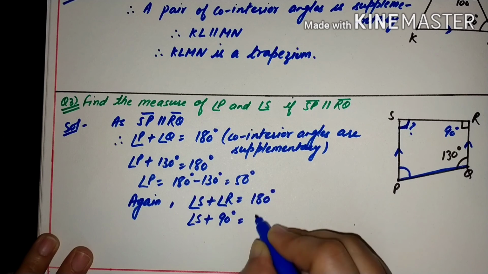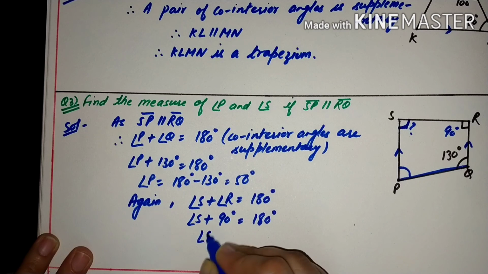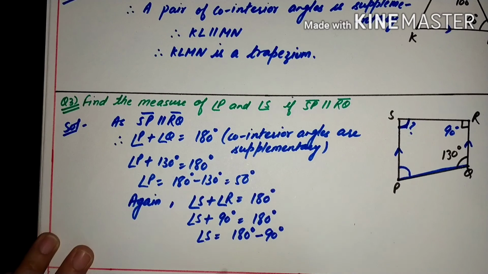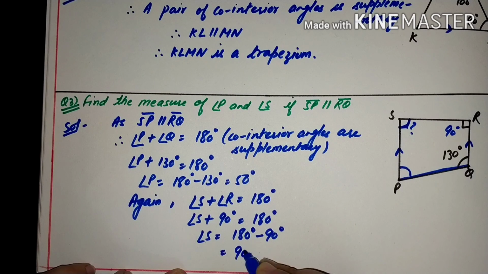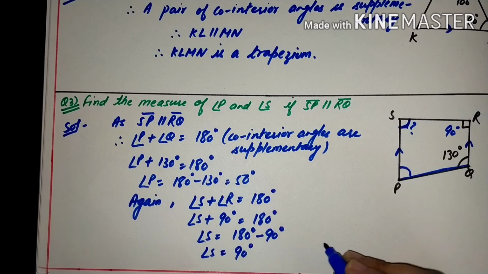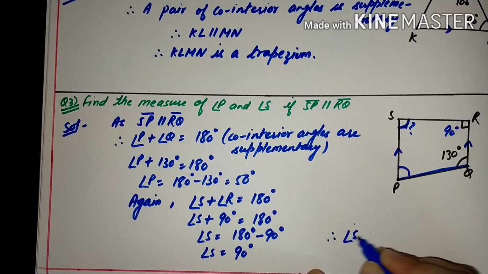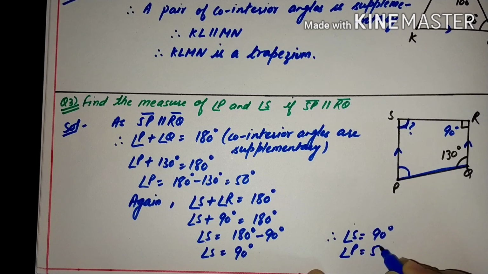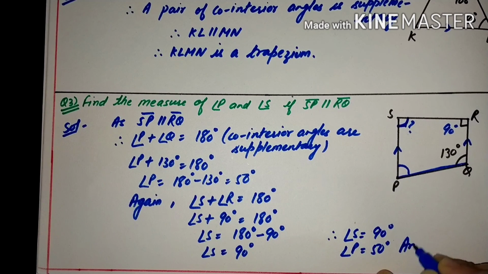R is 90 degree. So angle S is equal to 180 degree minus 90 degree, that is equal to 90 degree. So therefore, angle S is 90 degree, angle P is 50 degree in this case.